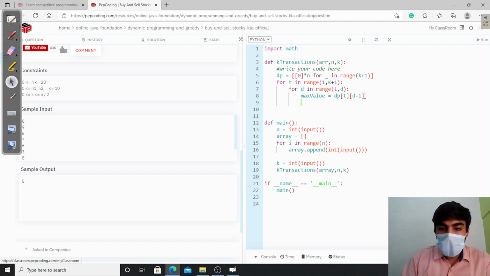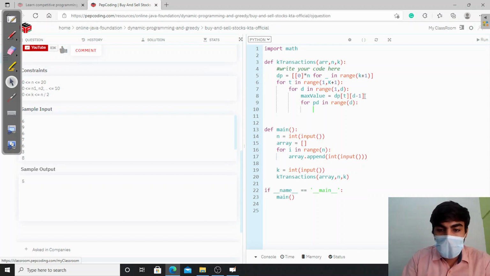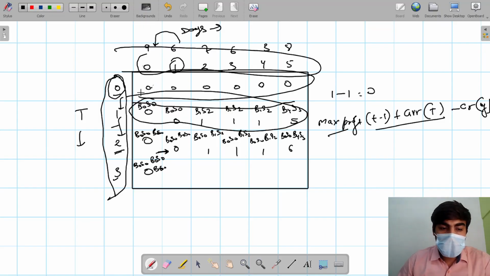Now we are checking for previous days, so for the previous day our range is according to days. At that point, I am checking the profit of transaction minus 1. Why transaction minus 1? Because we are checking here for this.